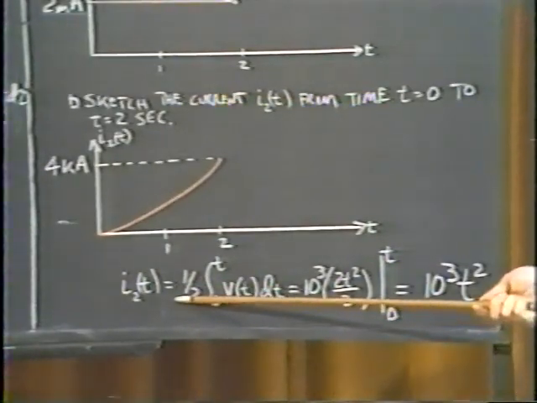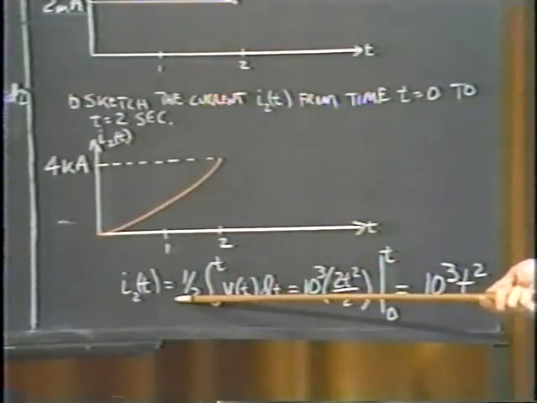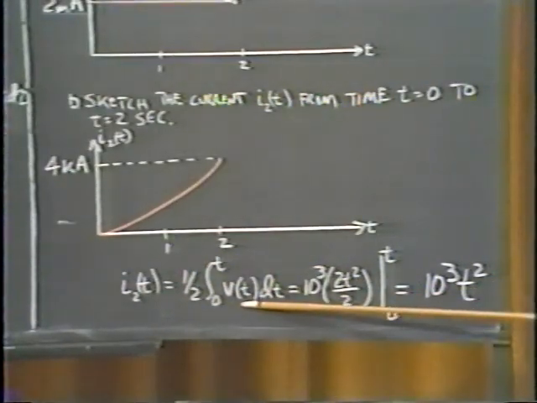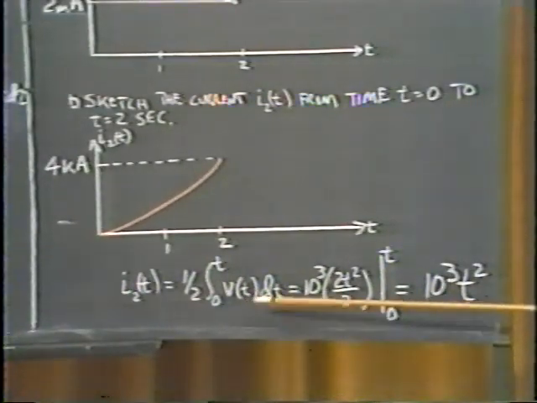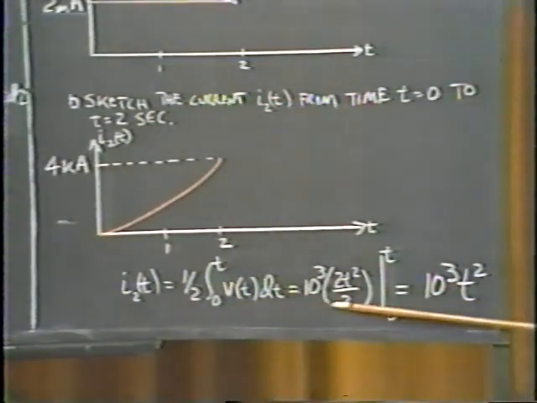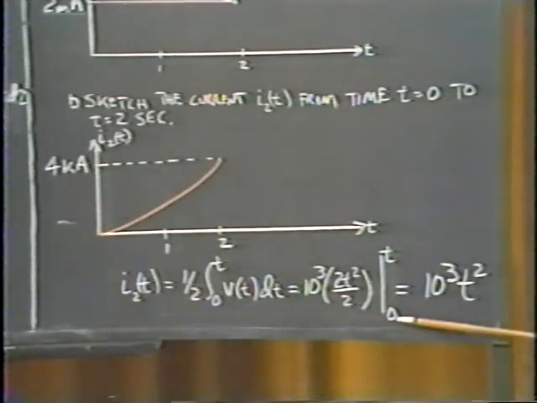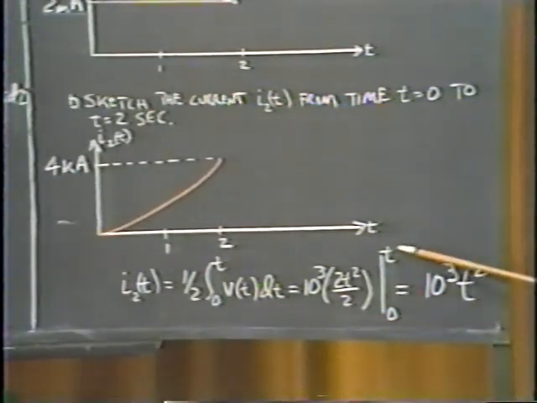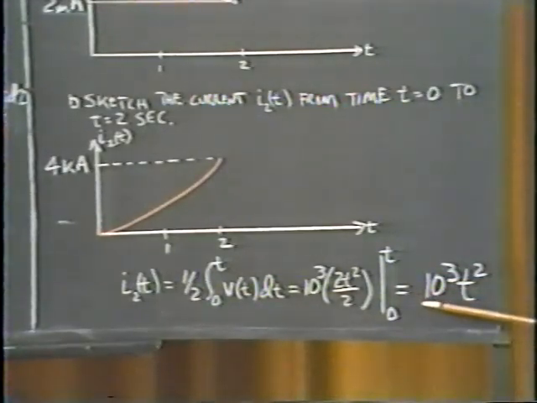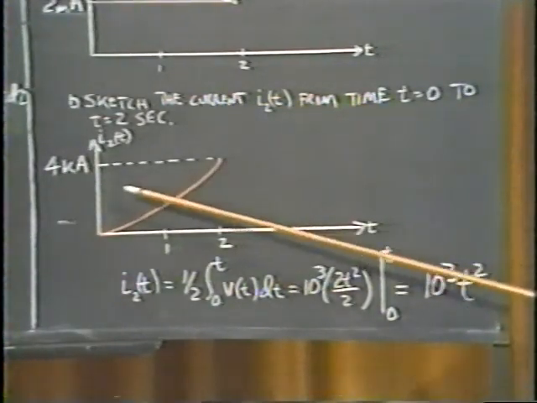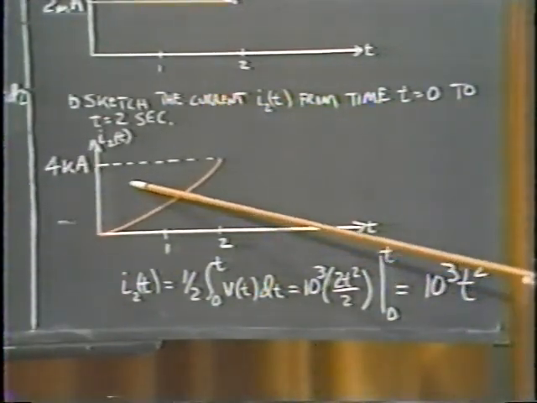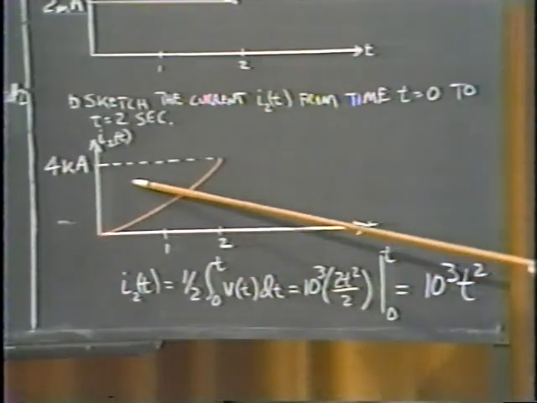And I'm sorry, I guess that should be 1 over 10 to the minus third. And we're going to integrate the voltage across the inductor. Carrying through with the integration and evaluating it from time 0 to time t, we see that the current going through the inductor is t squared times 10 to the third. And this is a graph of what we could expect as far as current going through our inductor.